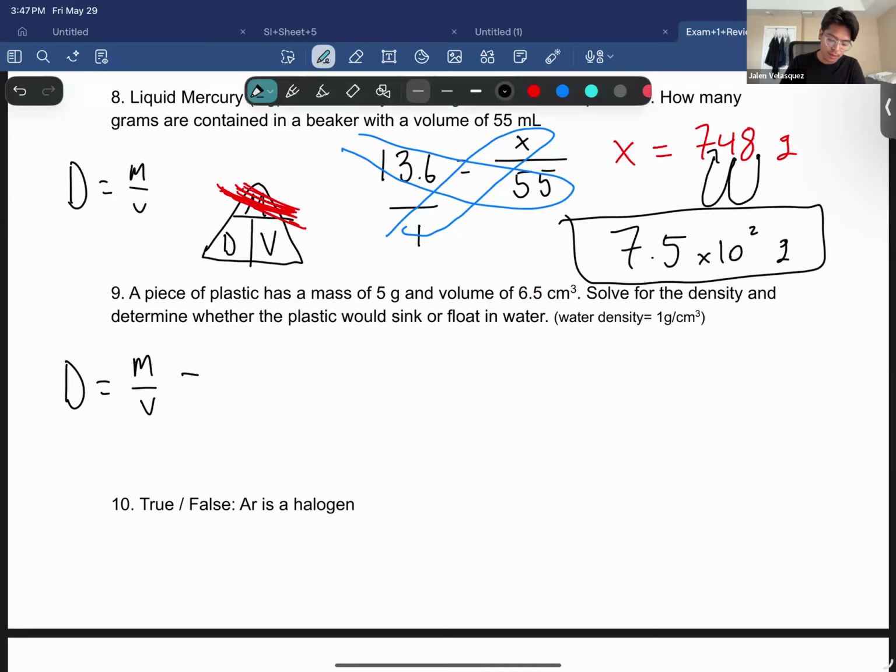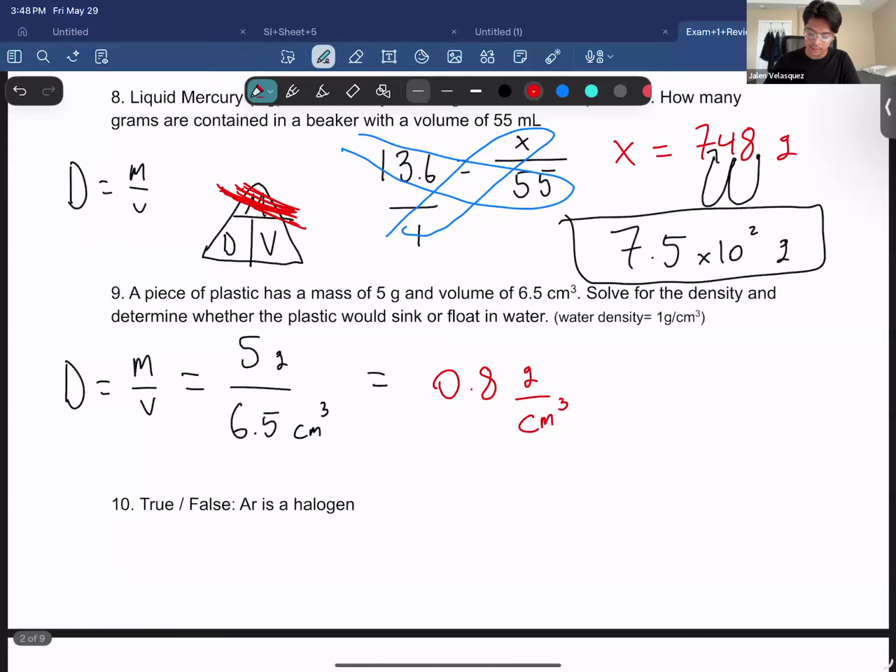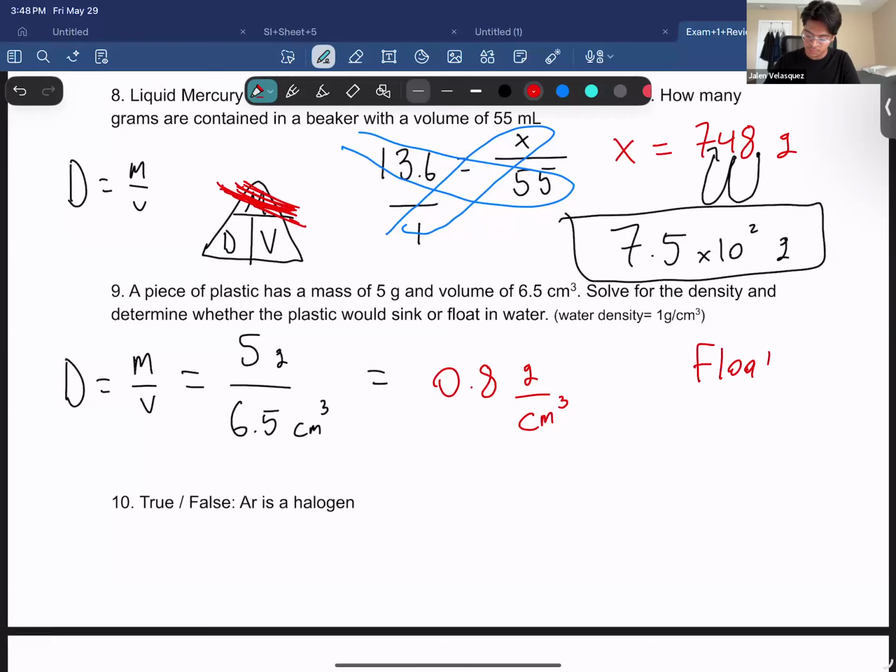The density is 5 grams divided by 6.5 cubic centimeters. Do that in your calculator, and you're going to get an answer of 0.8 gram per cubic centimeter, and this is going to float in the water, right?